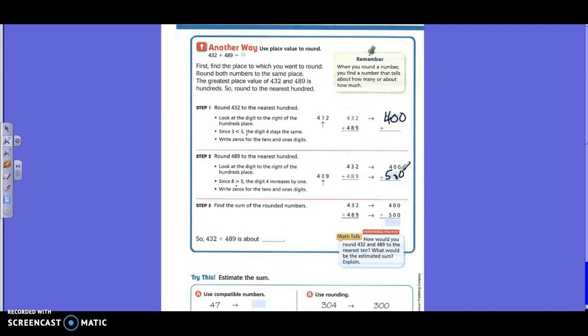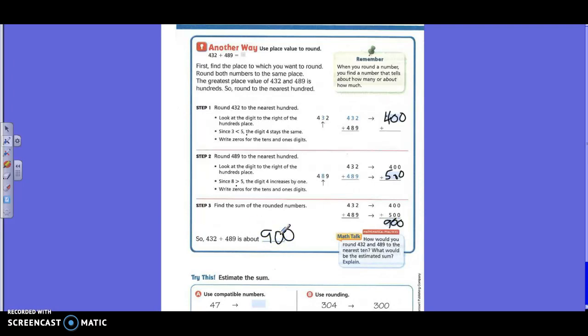Okay, so now we have our two numbers that we're going to add. Find the sum of the rounded numbers. 0 and 0 is 0. 0 and 0 is 0. 4 plus 5 is 9. So 432 plus 489 is about 900.